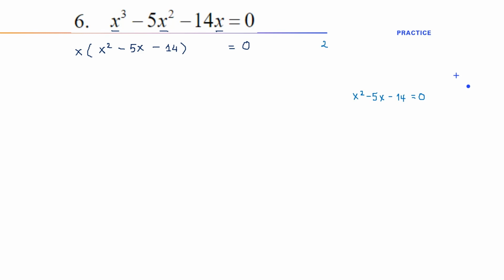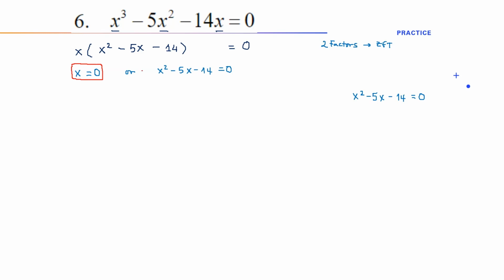We have two factors right here, so we can use the zero factor theorem to solve for that, right? The first one is x equals 0, or x squared minus 5x minus 14 equals 0. So the first solution is x equals 0.